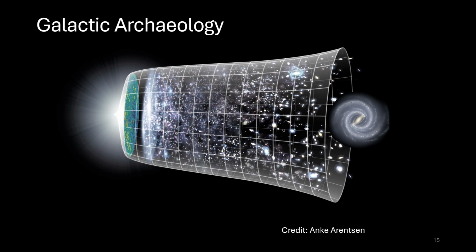So we can find stars, and you might call them very old, but they were formed when the Milky Way was very young, and these stars have much lower metallicity. And therefore, by studying these stars, we're learning about what the universe was like when those stars formed.